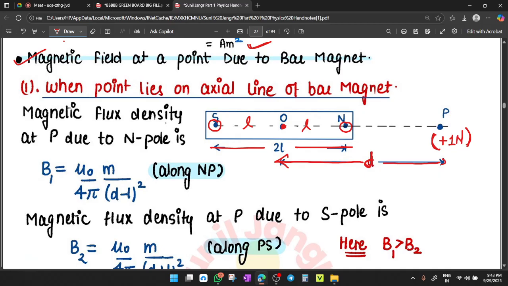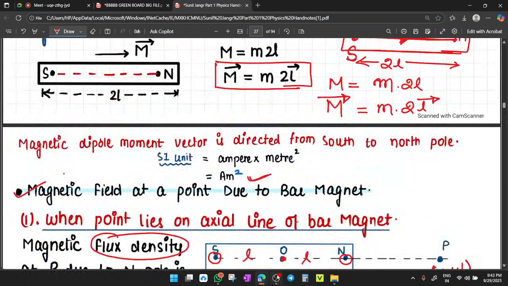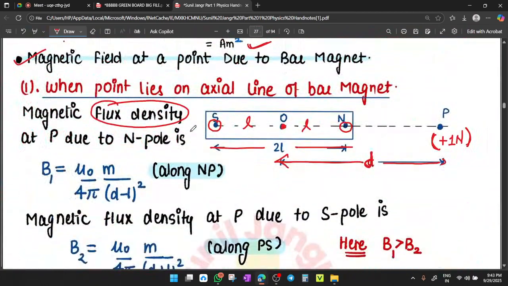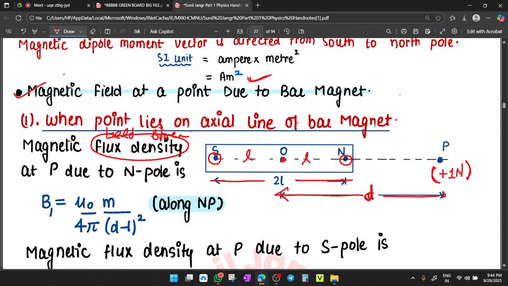In place of flux density, better to write magnetic field strength, since we have just calculated magnetic field strength. Magnetic field strength at P due to the north pole: what is the formula? The formula for magnetic field intensity is mu naught upon 4 pi multiplied by test pole upon the square of the distance.